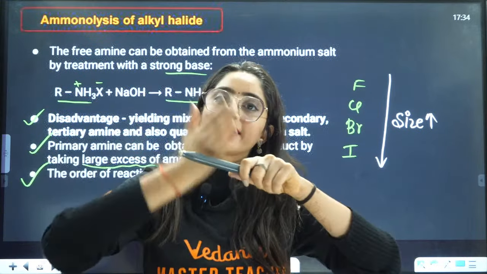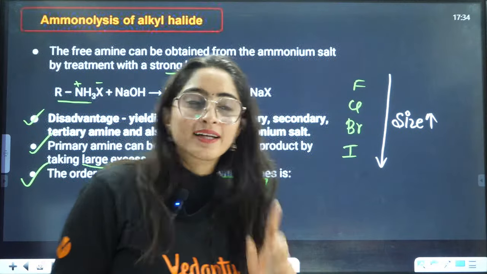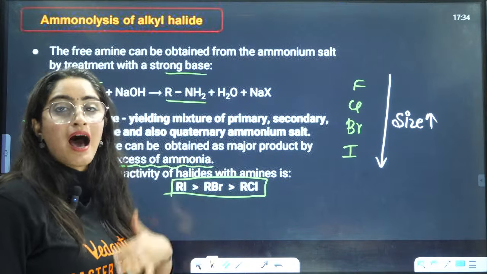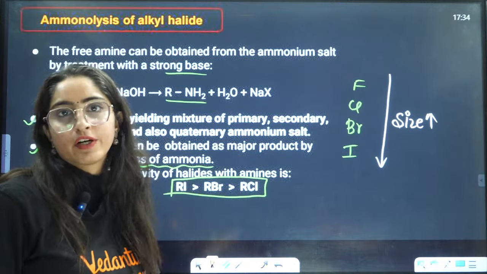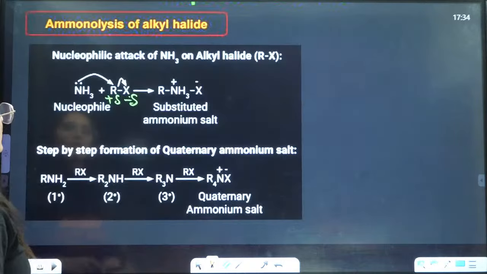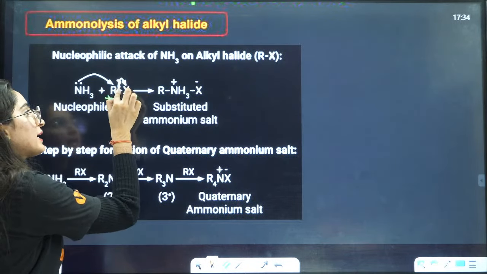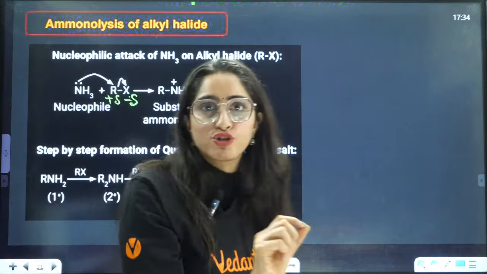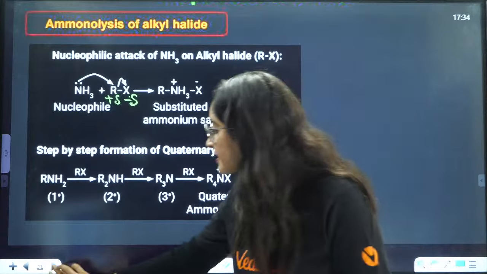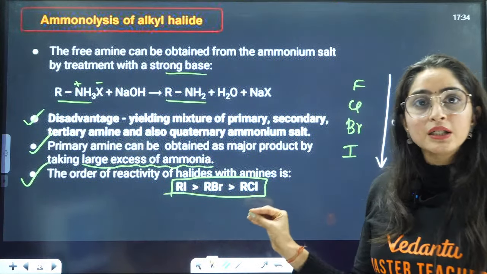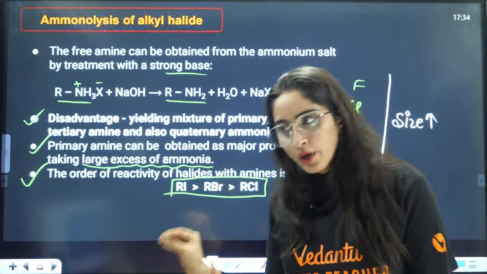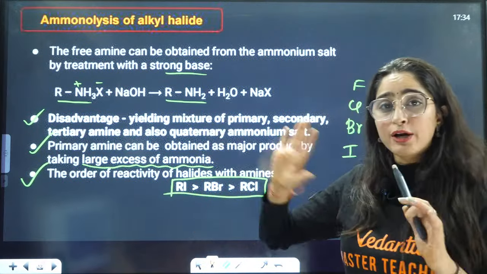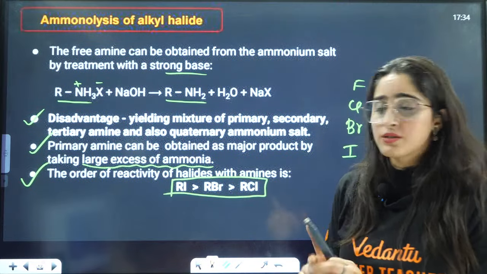That is the reason it is easy to break that bond. The easier it is to break the bond of R and I, or R and halogen, the more reactive it will be, because in the mechanism we are breaking this bond only. That is why this becomes the reactivity order. So these are the few things that you need to remember for the questions, right?